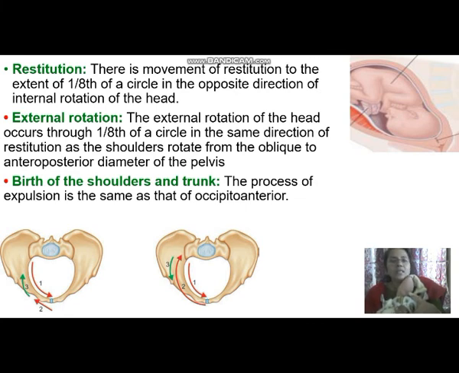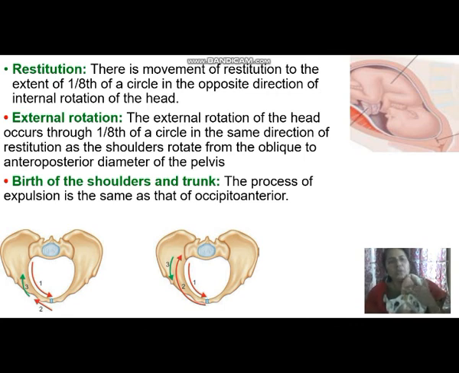Then next is the internal rotation of the shoulder. Now the shoulder is in the oblique diameter, so it has to rotate anteriorly to come under the symphysis. At the same time, the external rotation of the head also takes place, 1/8 of the circle. Along with the restitution, the shoulder rotates from the oblique to the anteroposterior diameter.